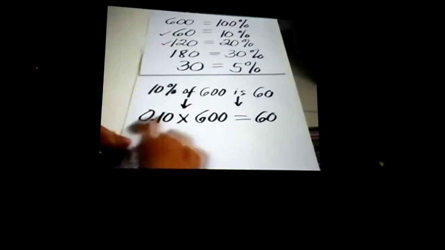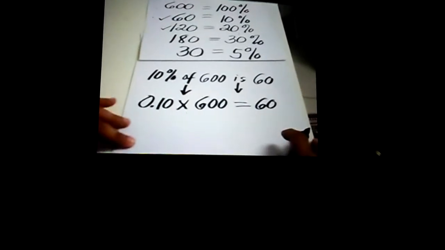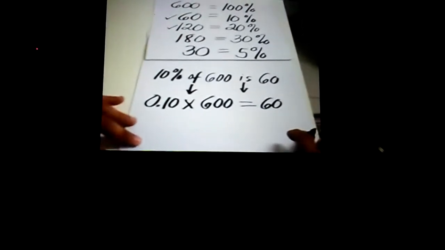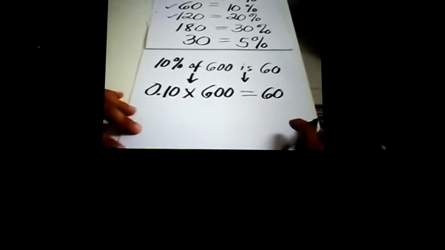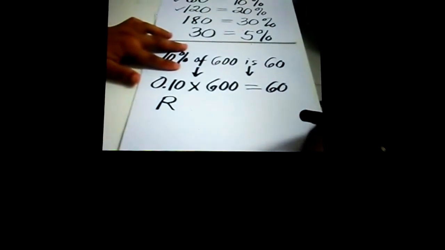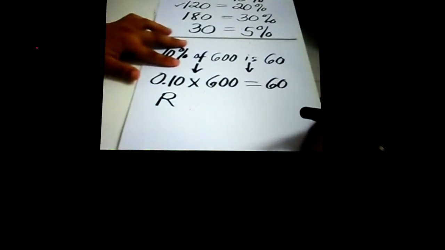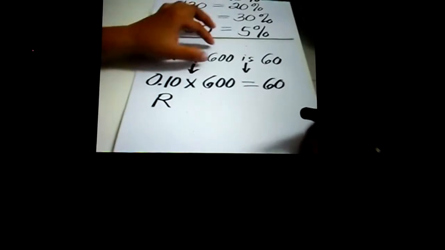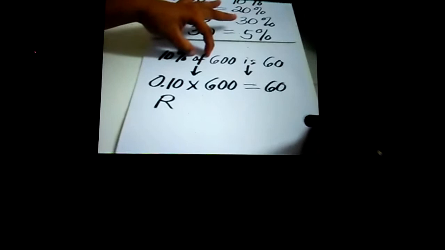Now, how do we identify which is the base, which is the rate, and which is the percentage? Automatically, the quantity with a percent sign is our rate, sometimes called the rate of percentage. The 600 here is preceded by the word of.